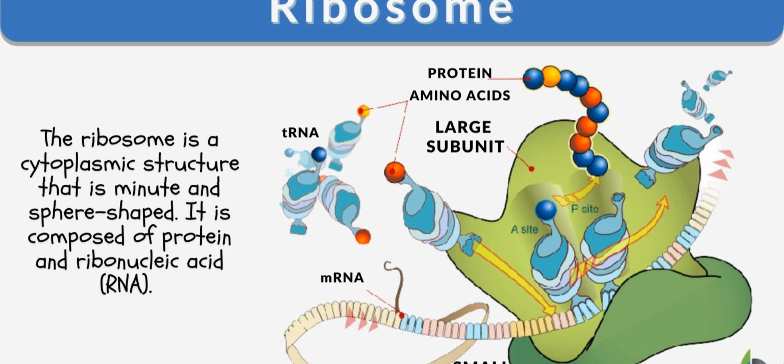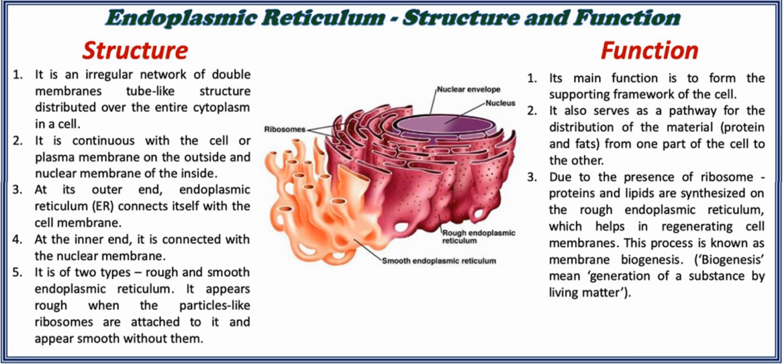Dear student, to learn about ribosomes and protein formation, we must understand the endoplasmic reticulum. Endoplasmic reticulum is of two types: rough endoplasmic reticulum and smooth endoplasmic reticulum. Rough endoplasmic reticulum contains ribosomes and smooth endoplasmic reticulum does not contain any ribosomes.